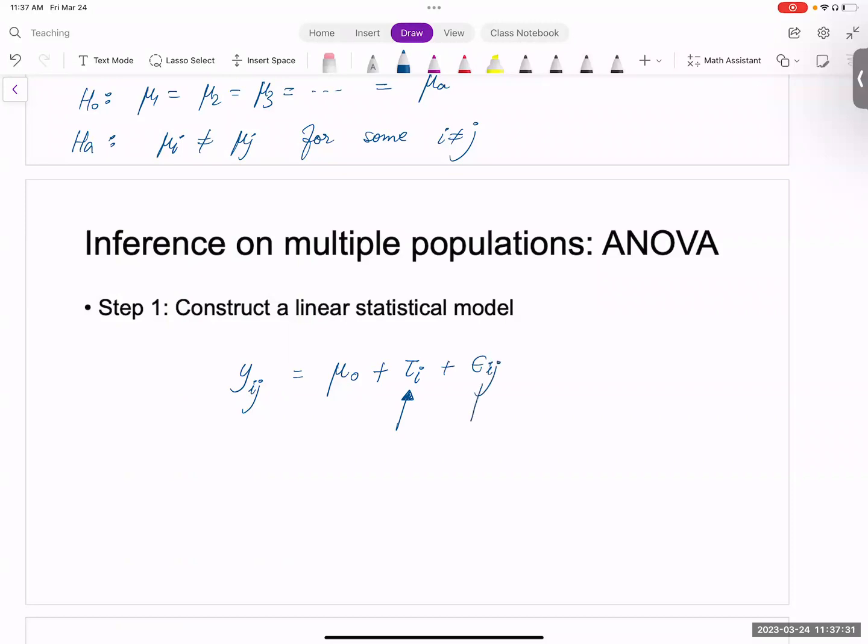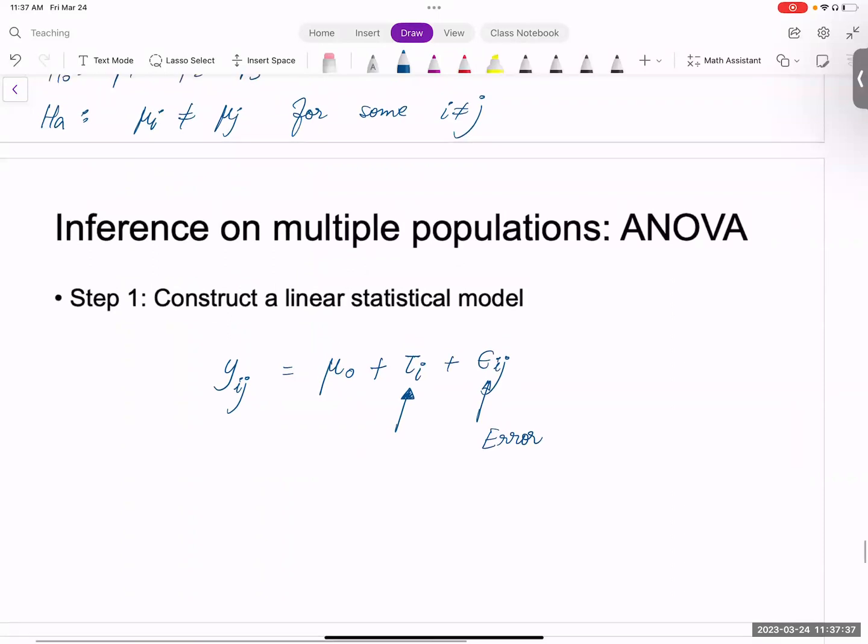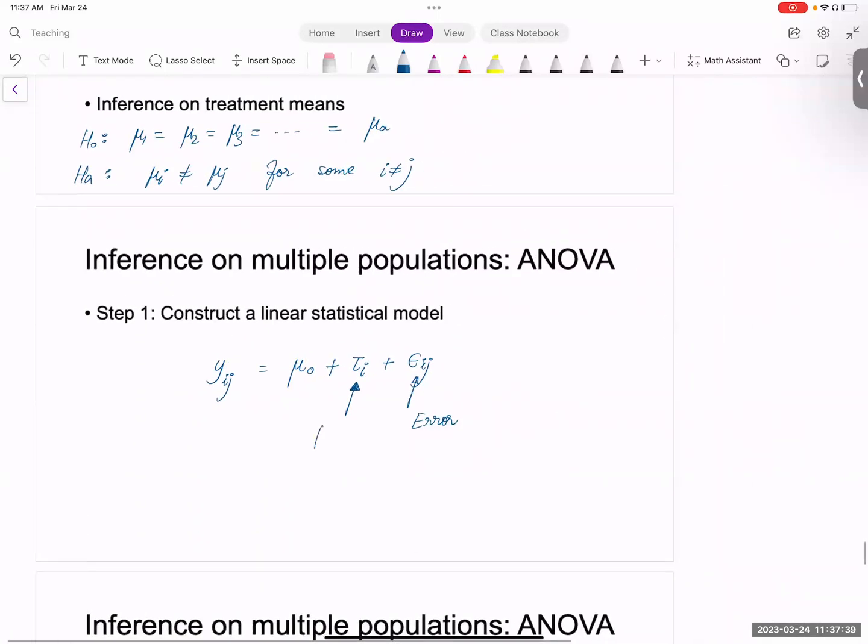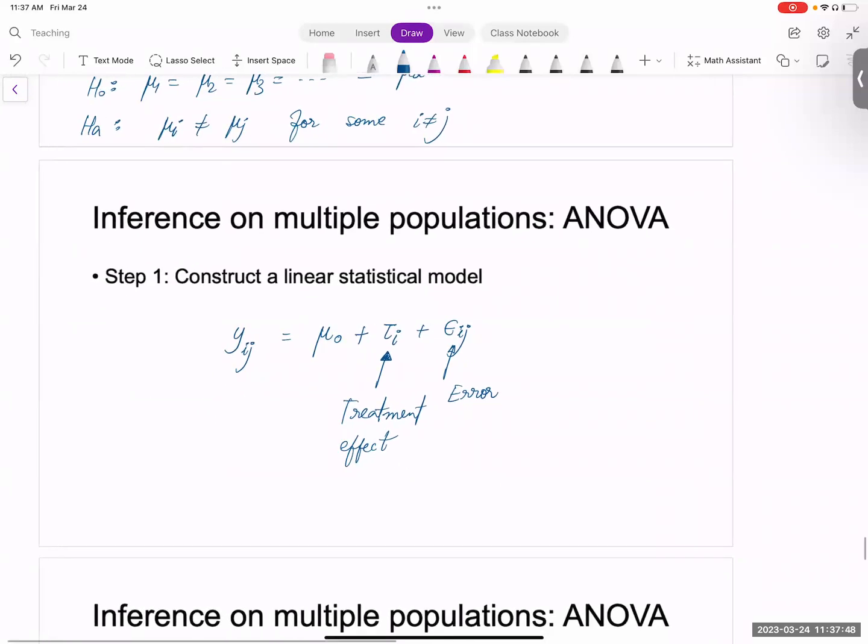This is your error or noise term, and tau i is your treatment effect. Again, remember, treatments are always different groups.